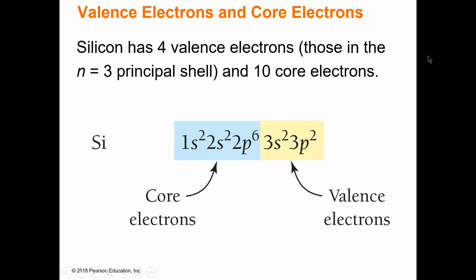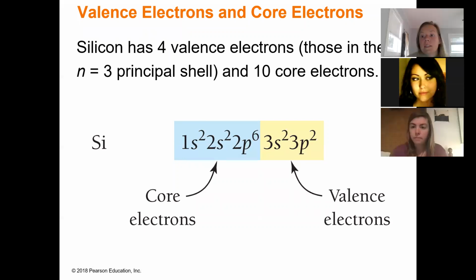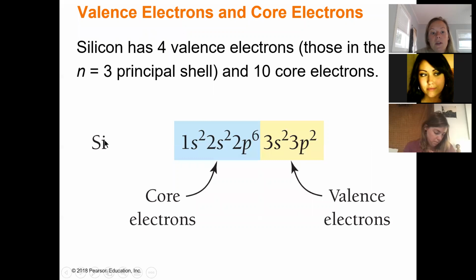So let's look at the electron configuration for silicon. Silicon is 1s2, 2s2, 2p6, 3s2, 3p2. When calculating the core electrons from this, we see that the lower numbers, the 1 and the 2, are going to be core electrons.